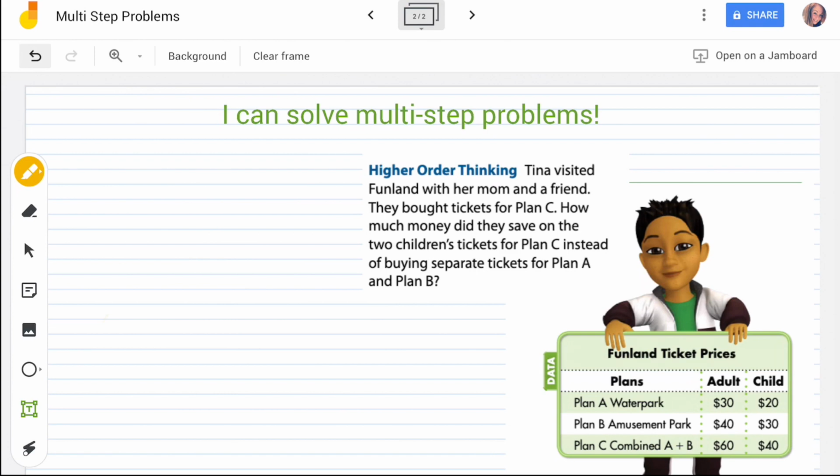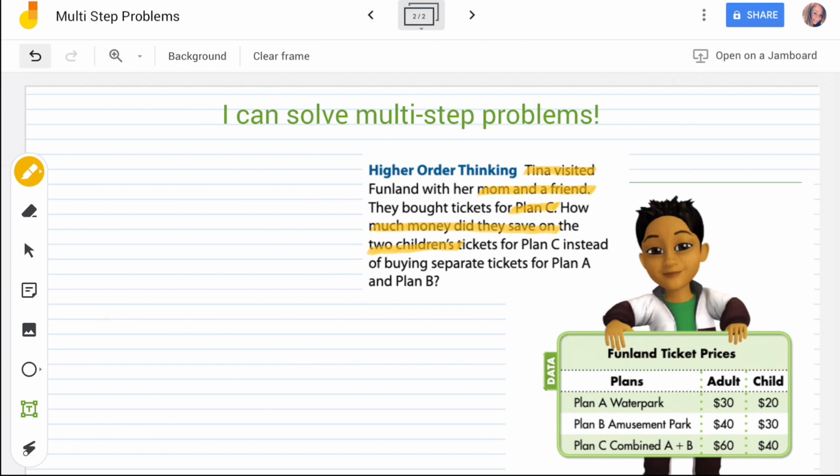So we know that Tina went with her mom and a friend. They bought tickets for Plan C. The problem is asking something a little different than the first one. How much money did they save on 2 children's tickets for Plan C instead of buying separate for A and B?